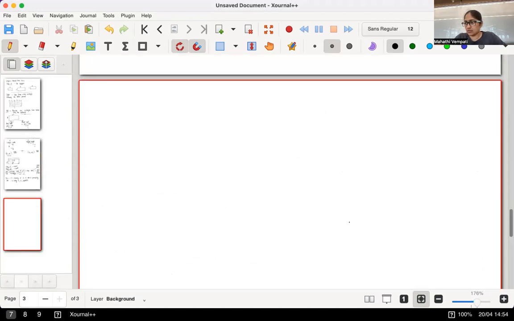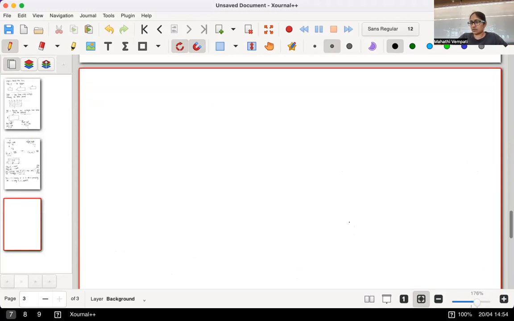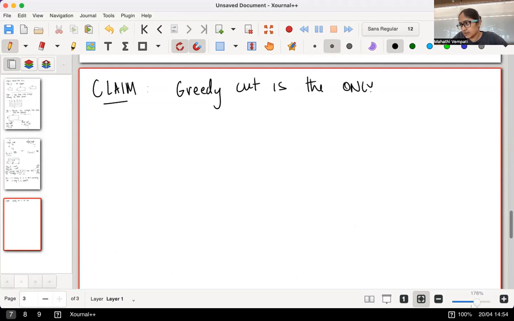Claim is that the greedy cut is the only possible cut. Why?